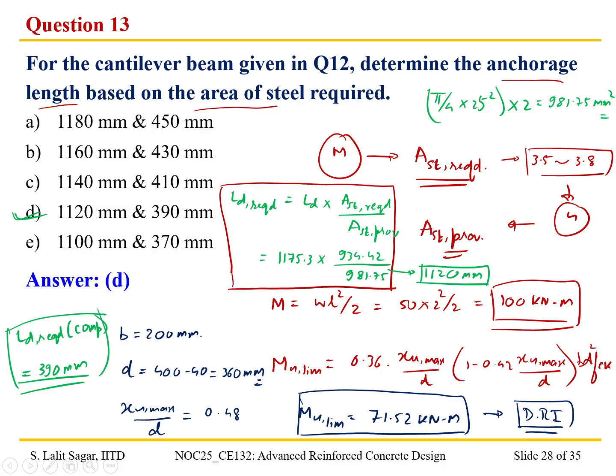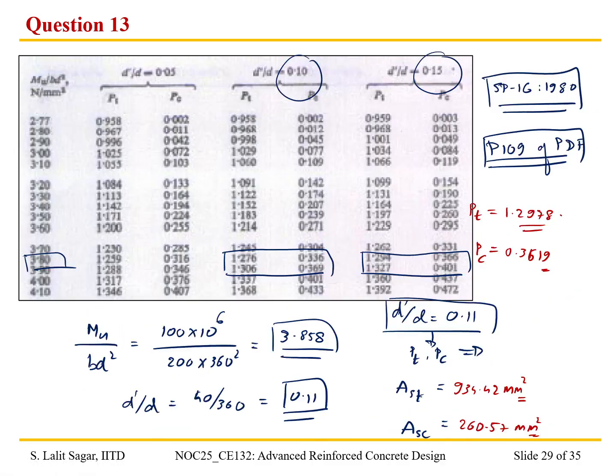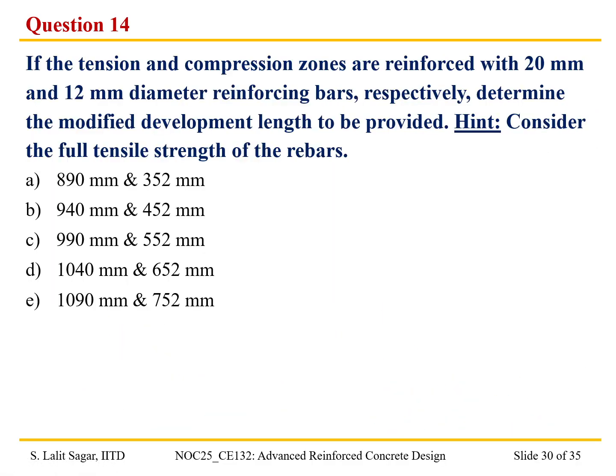So let us quickly proceed to the last two questions for the day. Here the tension and compression zones are reinforced with 20 millimeter and 12 millimeter. So instead of 25 dia, it becomes 20 dia, and instead of 16 millimeter dia, it becomes 12 millimeter.